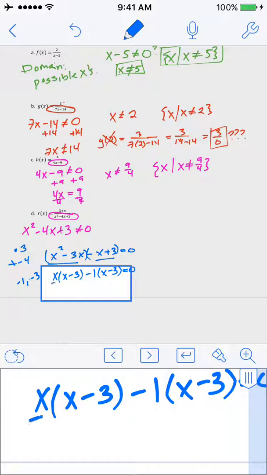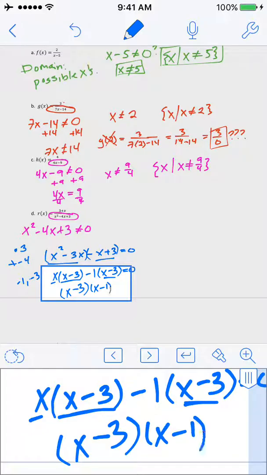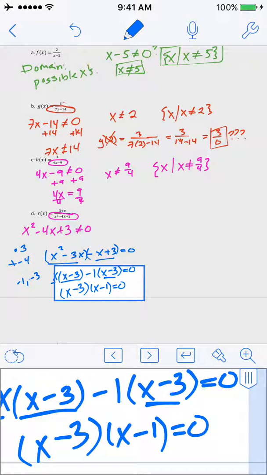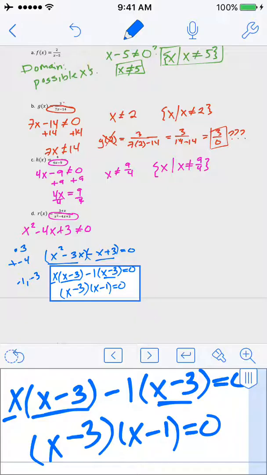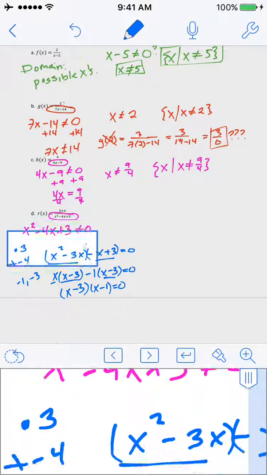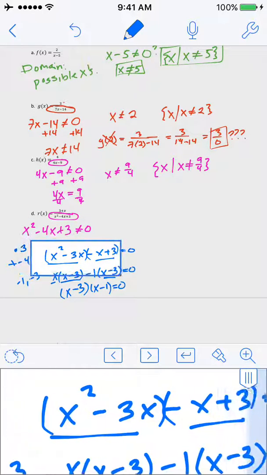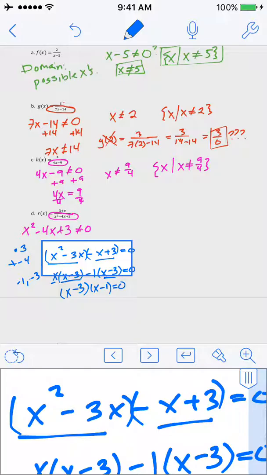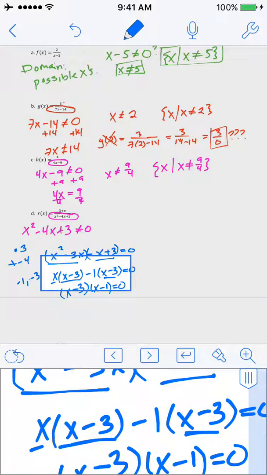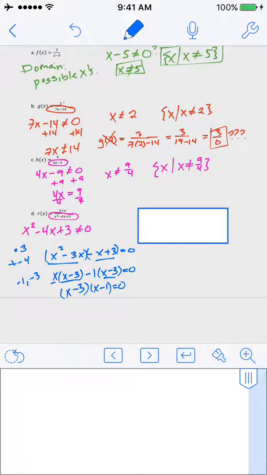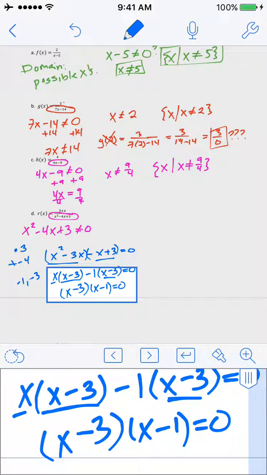And, okay, so now I can take out this common parentheses. x minus 3, x minus 1 equals 0. So I factored the left-hand side, right? I used this little game, and then I used it to factor by grouping, undoing the multiplication, and I get x minus 3 times x minus 1 equals 0.